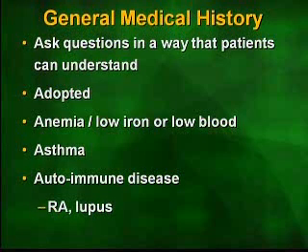In talking about autoimmune diseases, somebody may not know what an autoimmune disease is, but if you ask them, do you have problems with rheumatoid arthritis or lupus, then that's going to key in. And then what are we looking for? Something I'd be thinking about is, if they have lupus or rheumatoid arthritis, are they on steroids? Are they one of those people that's immunosuppressed that are considered high risk?